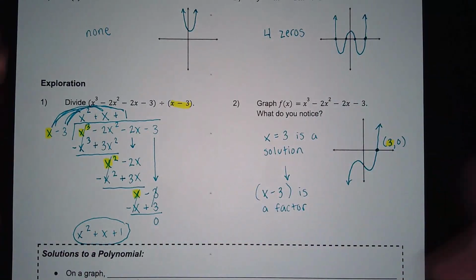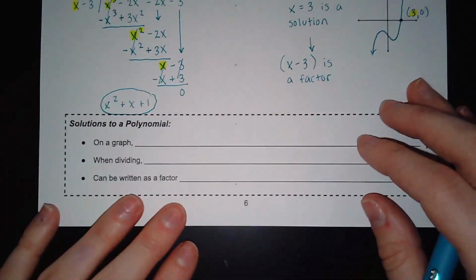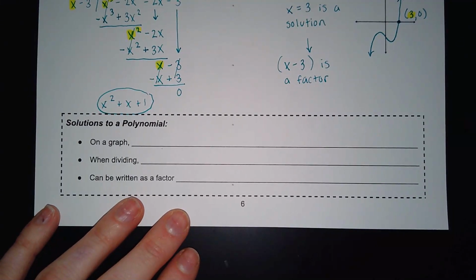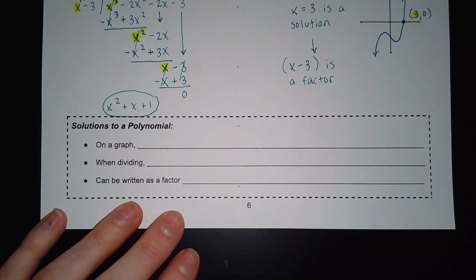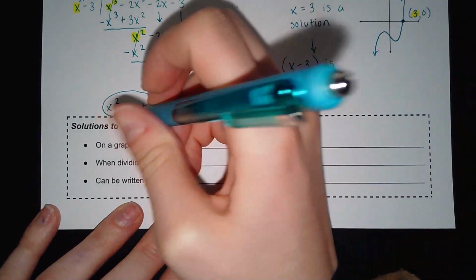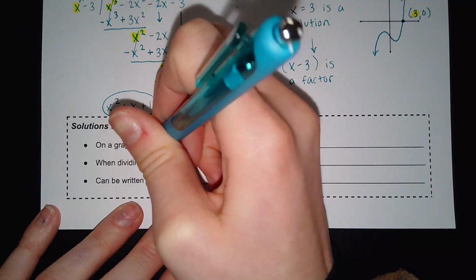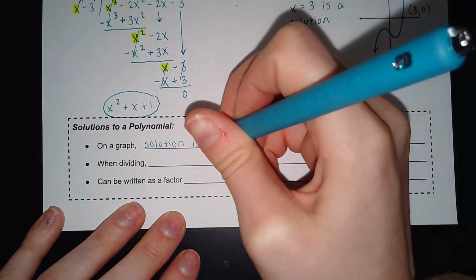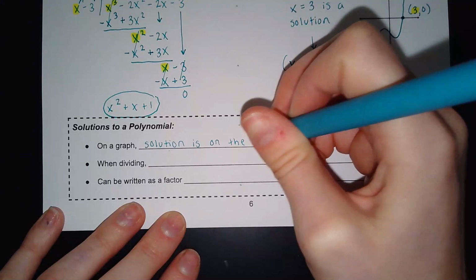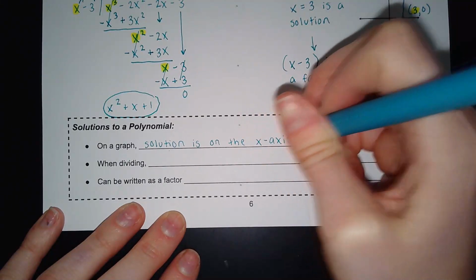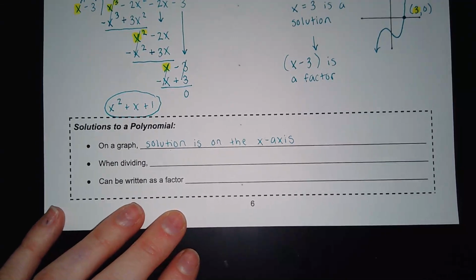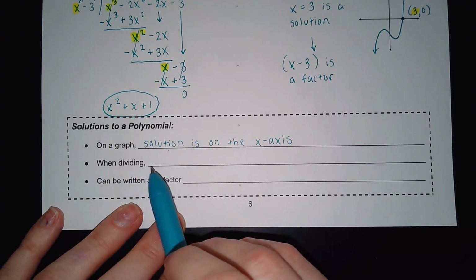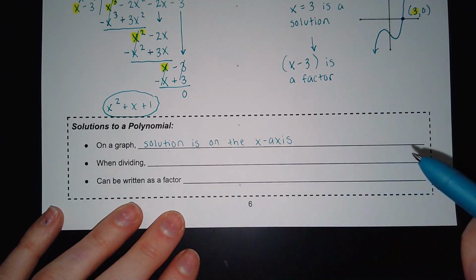So this box down below summarizes that idea. On a graph, our solution is going to be where it crosses the x-axis. So I'm going to say on a graph, solution is on the x-axis. When we're dividing, we should get a remainder of 0.